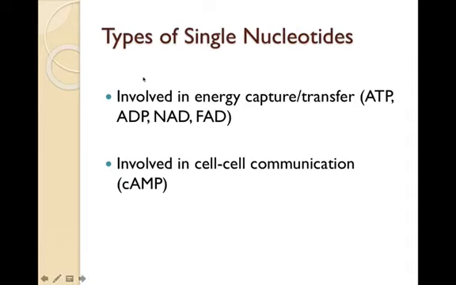And so the uses of nucleic acids within biological systems, within human beings, the first place where they're used are as single nucleotides. And so these single nucleotides are involved in something referred to as energy capture and transfer. So a molecule that you've likely all heard of is ATP, or adenosine triphosphate.